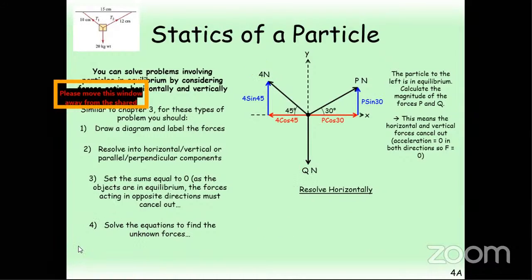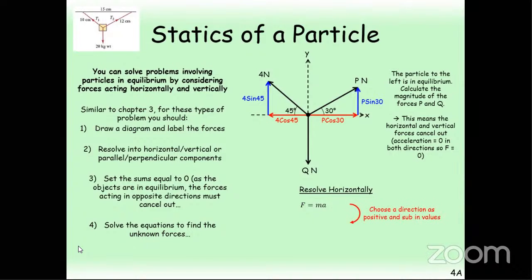Now, when we resolve horizontally and use F equals MA from Newton's second law of motion, where F is the resultant force, M is the mass, and A is acceleration, we choose a direction as positive and substitute in the values.